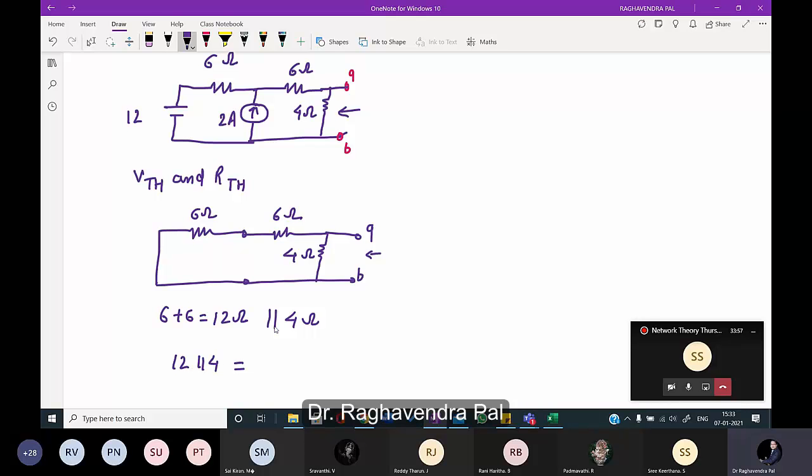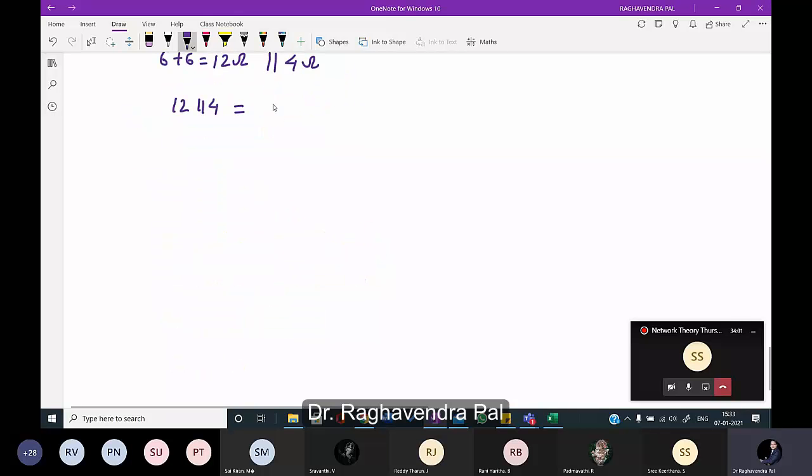How to calculate? You can go for the long method also, but the shortcut I must have told you. 12 into 4 divided by 12 plus 4. Okay, so 48 divided by 16 is equal to 3 ohm. Correct? What is the long method?